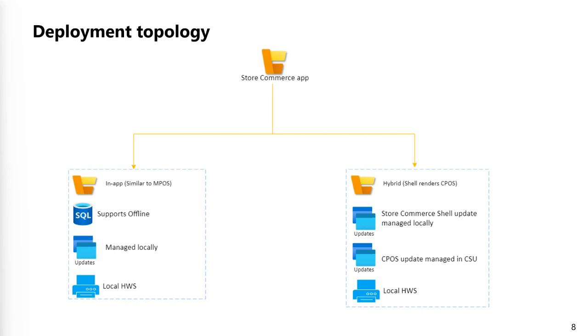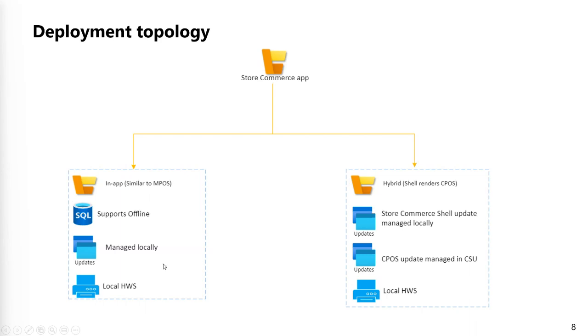Suppose before pushing updates centrally to all your registers and stores, you want to test one register alone and see if all looks good. For that register only, you can install the in-app mode. You can decide, hey, I want offline and I want to manage the register individually, or I want to do everything from a central location. So based on your topology, you can choose between the in-app experience versus the hybrid.